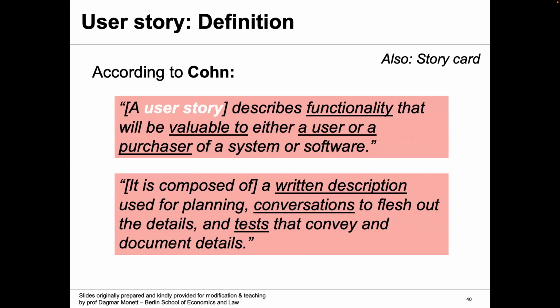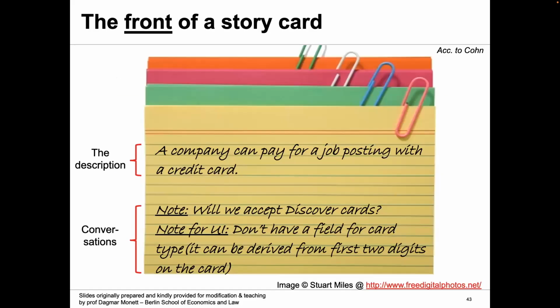Now, these conversations are really important, and they are part of what we call the story card that I'm just going to open now. The story card is basically just like your post-it note. So you write a user story on a post-it note, a very simple description, and then you discuss with your team members. You start conversations with them to flesh out more details.